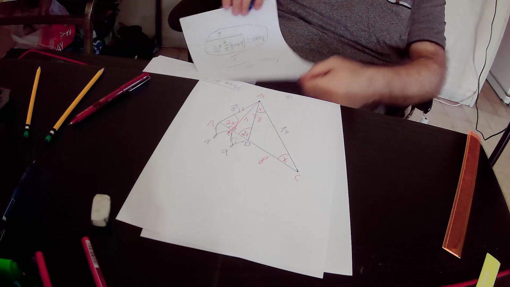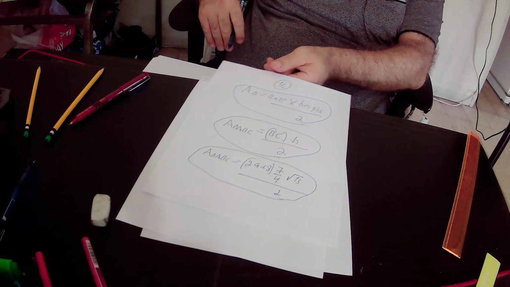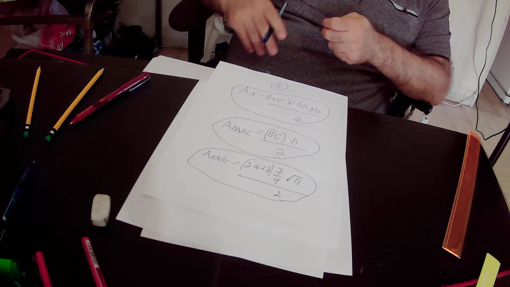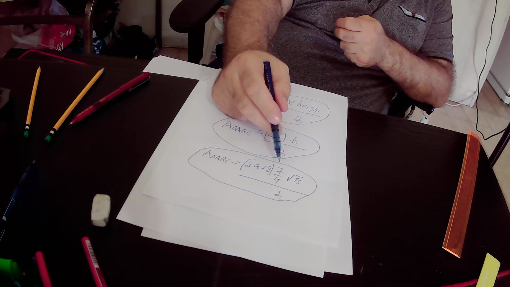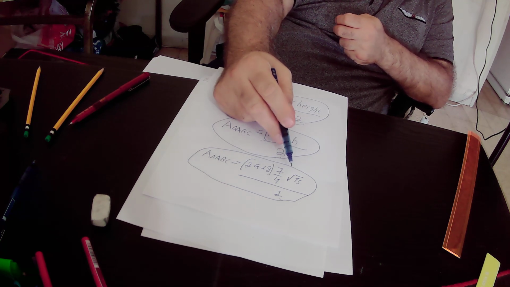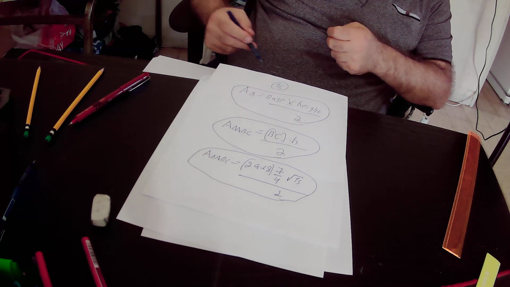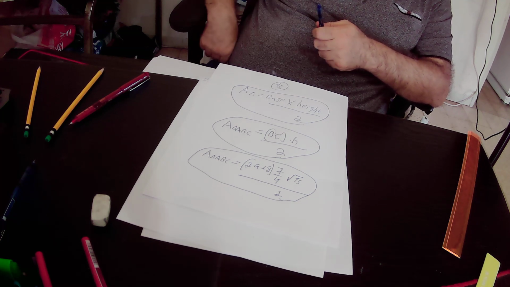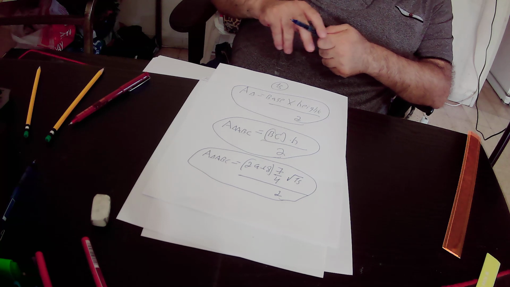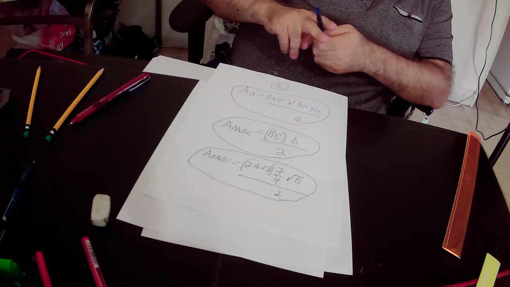So the area of triangle ABC equals 2 times A plus 8 times 7 over 4 times root 15 over 2. We have already found out that A equals 17 over 4 units, so we can substitute A by 17 over 4 units.